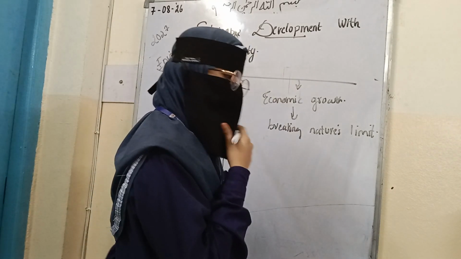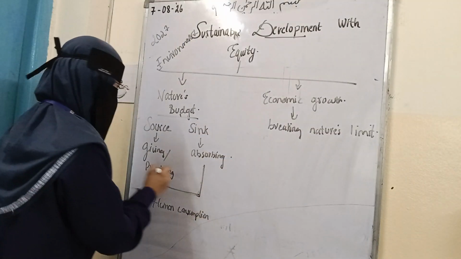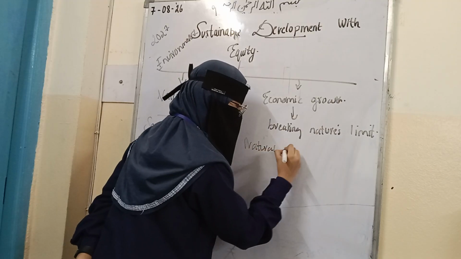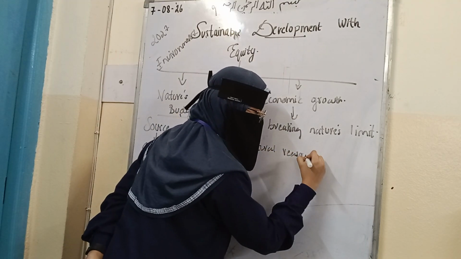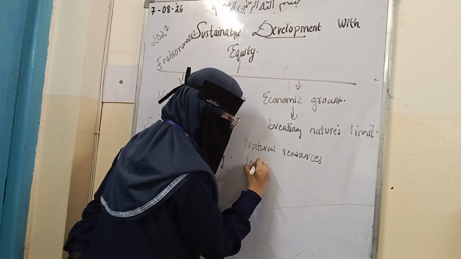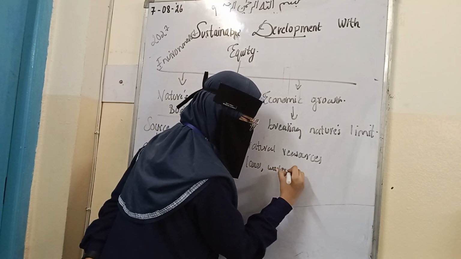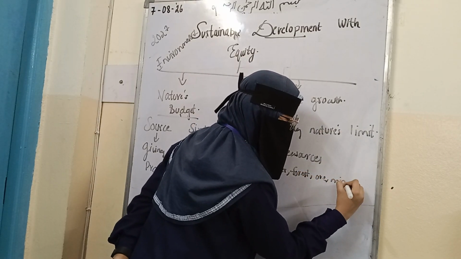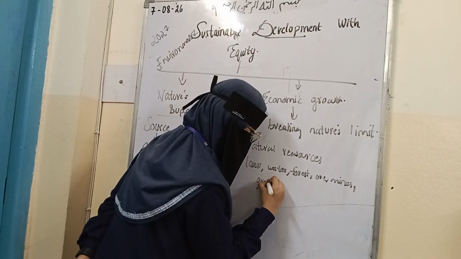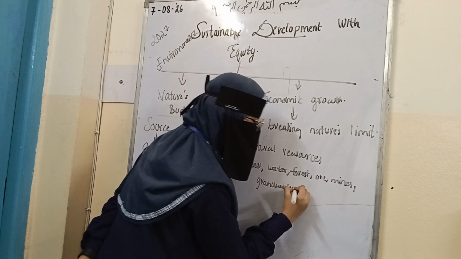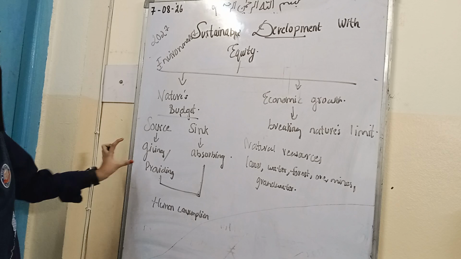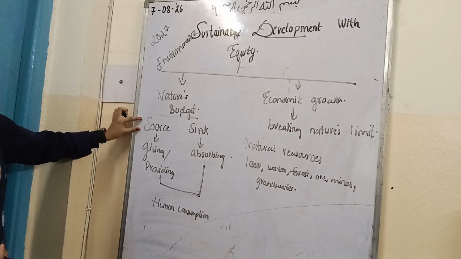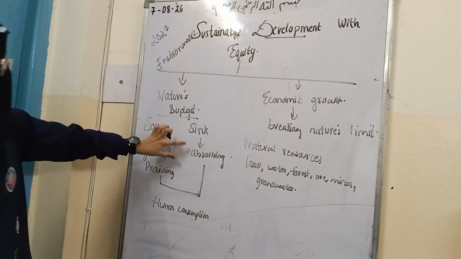Here, nature acts as the source function by giving us natural resources such as land, water, forests, mines, underground water. These are facilities that are given, provided or supplied to us as the source function. Now let's discuss what the sink function is.